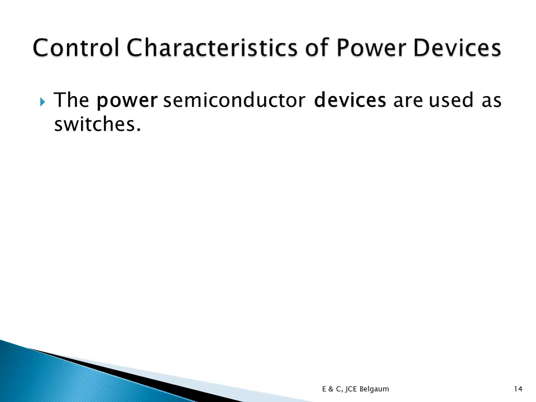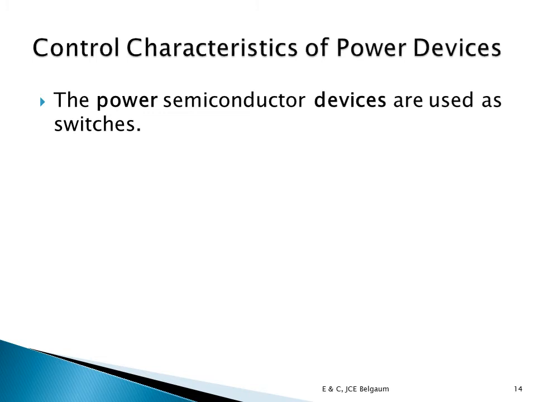So what do you mean by control characteristics? See, till now I showed you so many characteristics beside the symbol. Those are called the VI characteristics or output characteristics, and they are basically used at the output side, between the output current and output voltage. It could be collector-emitter, it could be drain, it could be the anode current of an SCR, whatever.